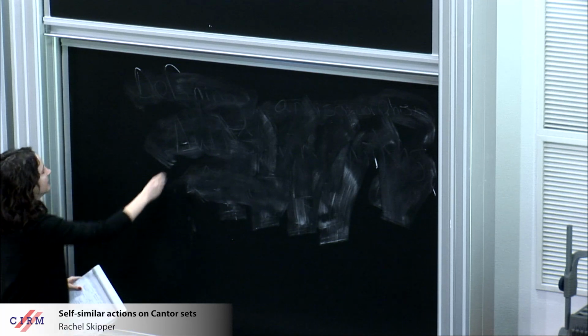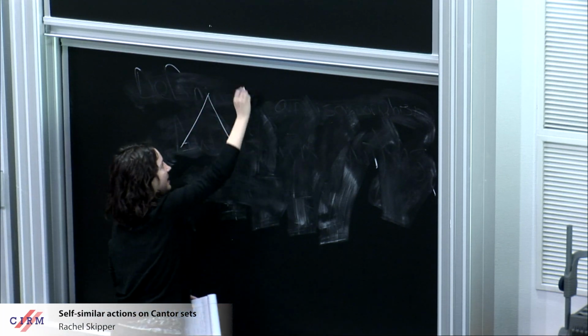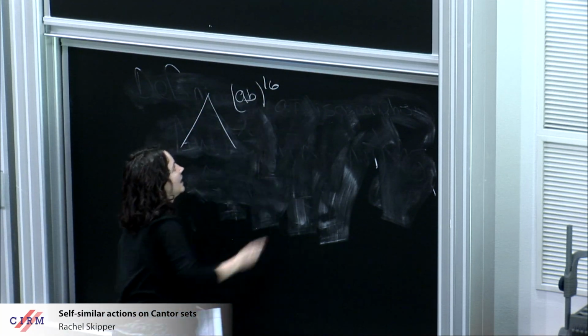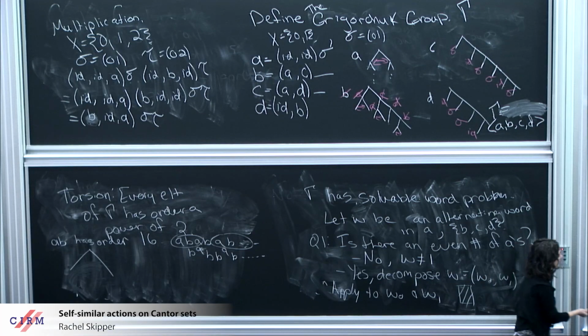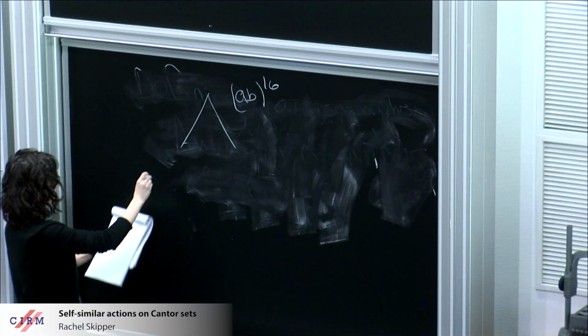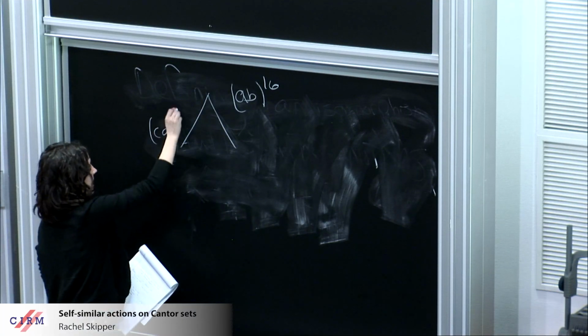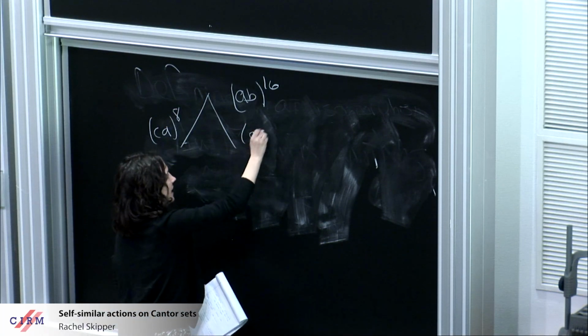All right, so I draw my tree. I have AB to the 16th. And what I'm going to see when I iterate this back and forth is that on the left, I get CA to the 8th and AC to the 8th.